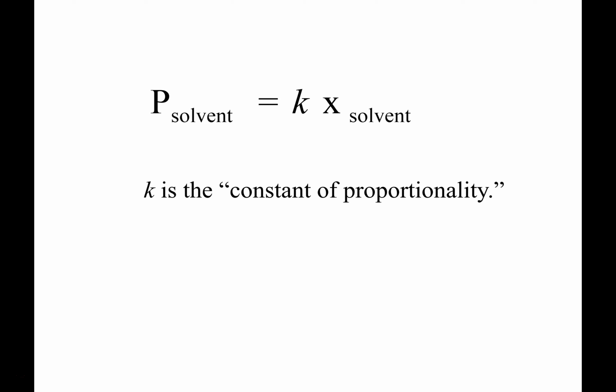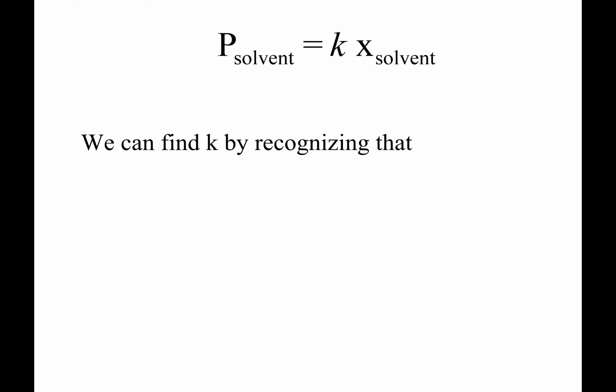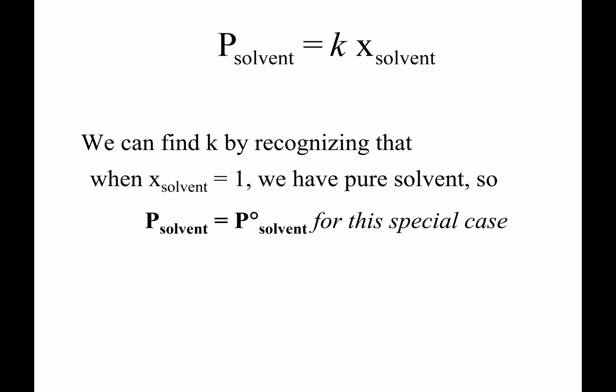We know we can take a proportionality symbol and replace it with an equal sign if we also introduce a constant. So let's see what that constant might be. If the mole fraction of your solvent is 1, then that means you don't have any solutes. Does that make sense? Mole fractions start at 1 and go down from that, depending on how much solute you have. So if the mole fraction is 1, we have a special case where the equilibrium vapor pressure of your solvent in solution will be the pure equilibrium pressure of your solvent.